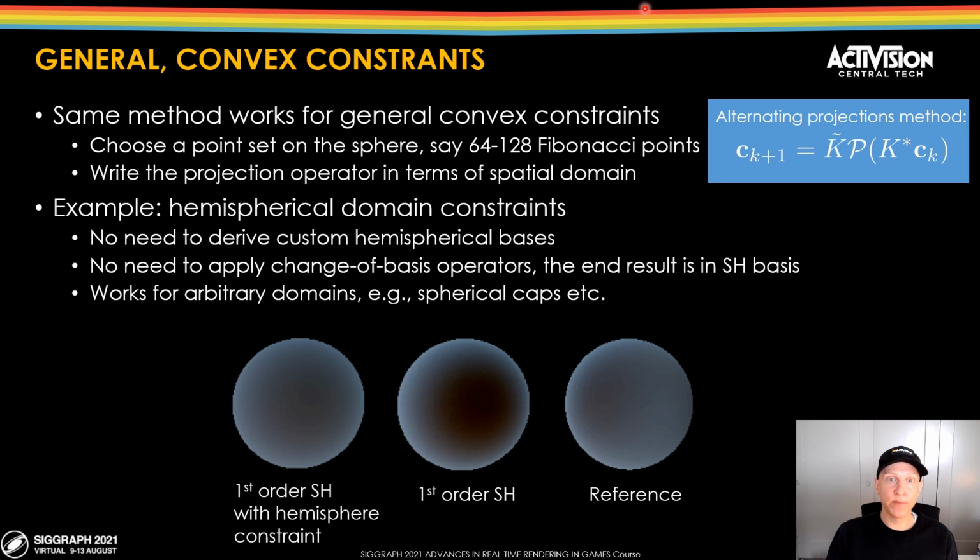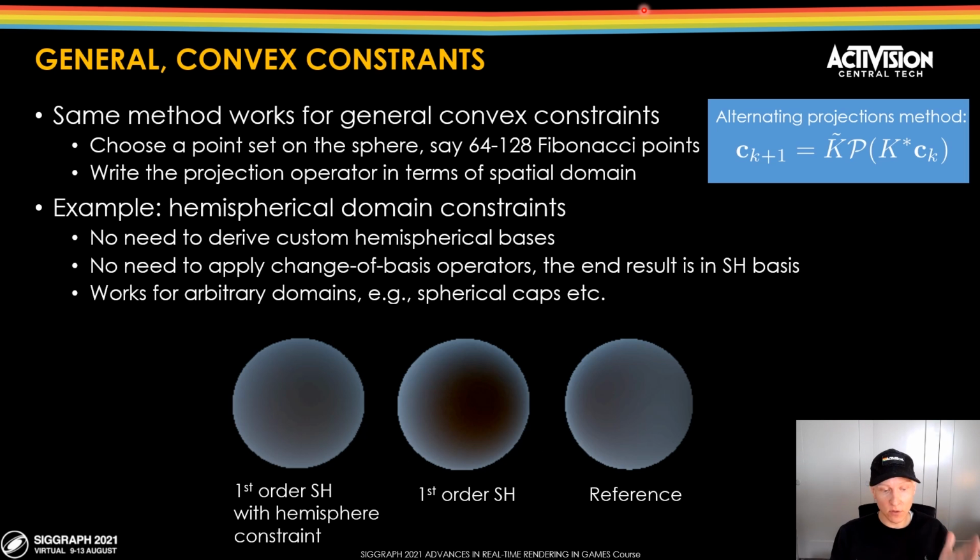And I think this framework for thinking about constraints has a lot more applications than this. For example, we can apply domain constraints like introducing hemispherical or spherical cap restrictions, and we can do this without the need of solving the eigenfunctions of the Laplacian over this maybe even complicated domain.